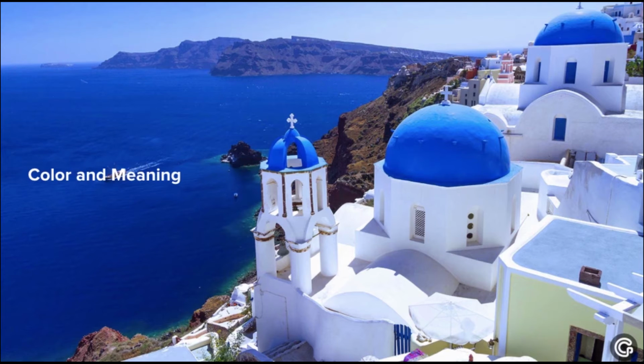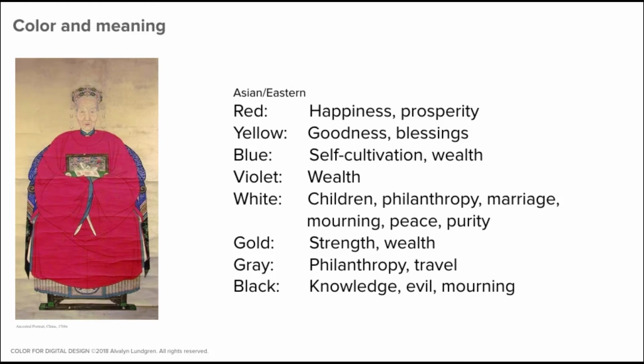So, every culture, as a general rule, has color traditions within it. And to denote certain things, certain colors are used. Among cultures, certain colors have a common understanding, and certain colors are seen as just the opposite.